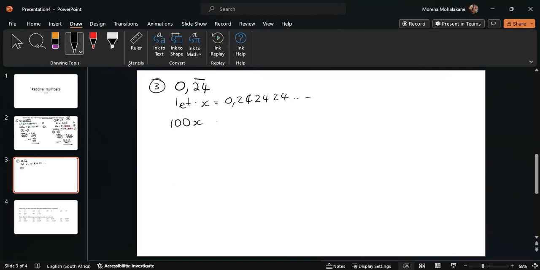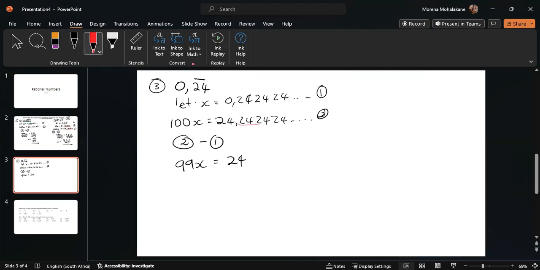So multiplied by 100, I'm going to have 24.2424, continuing. This is my second one and this is my first one, so I say the second one minus the first one. I'm going to have 99x being equal to 24, because of this thing here and this thing here.